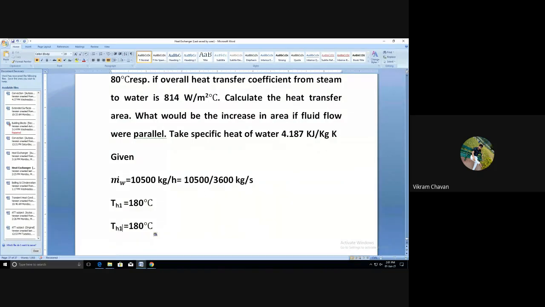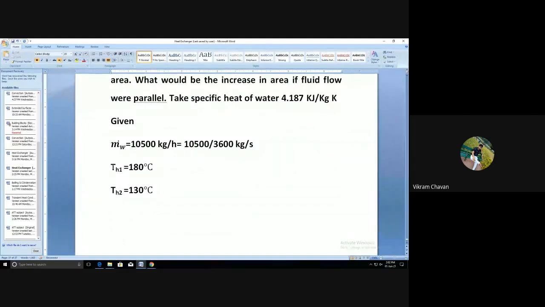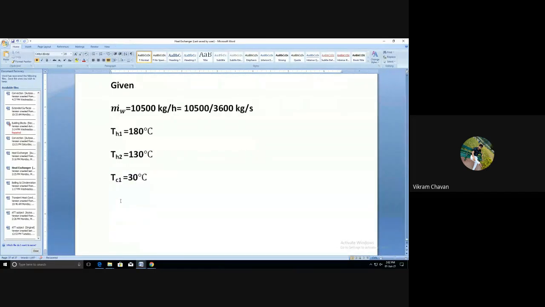Further, TC1, the cold fluid temperature, is 30 degrees Celsius, and TC2 is 80 degrees Celsius.